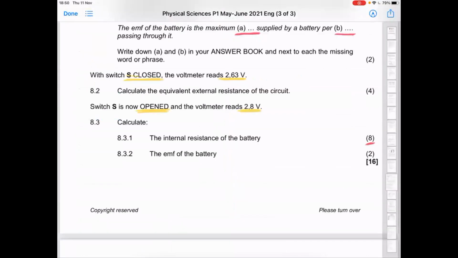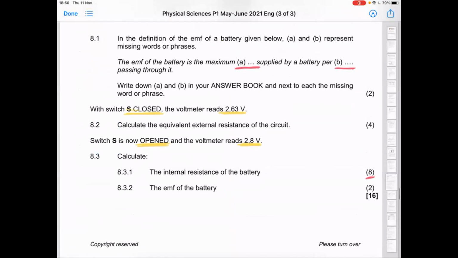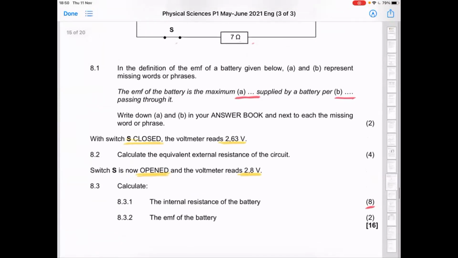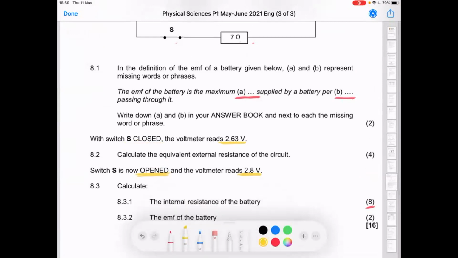Okay, so the question we're trying to answer now is 8.3.1, which wants us to calculate the internal resistance of the battery. But before we get there, they told us some important information. They initially told us that when the switch S is closed, the voltmeter reads 2.63 volts.